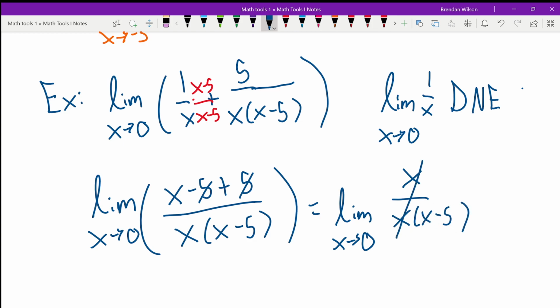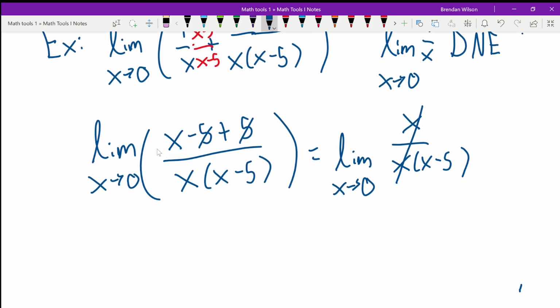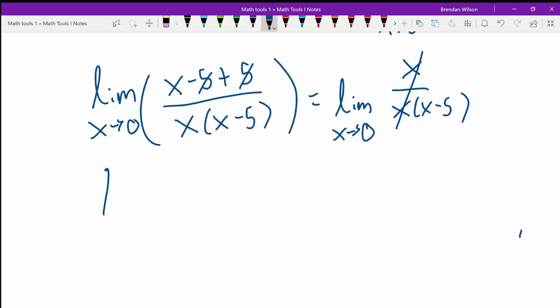Okay, now the x's cancel. So we have the limit as x approaches 0 of 1 over x minus 5. So now we can do the direct substitution and we get just negative 1/5.